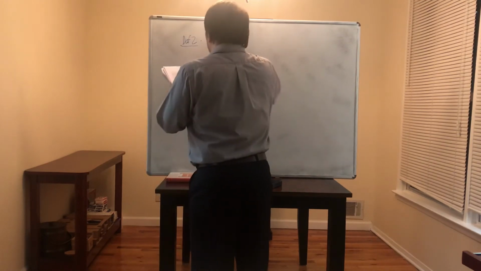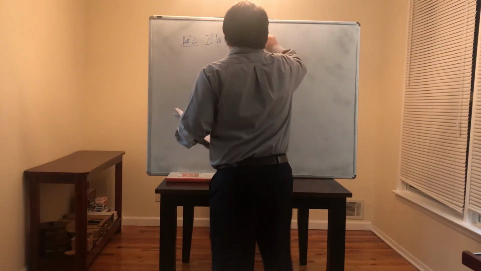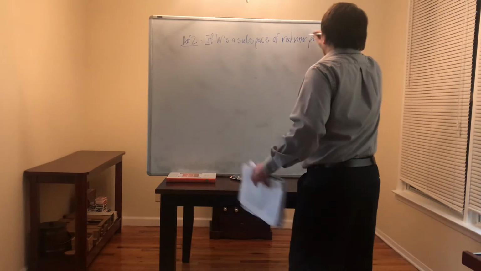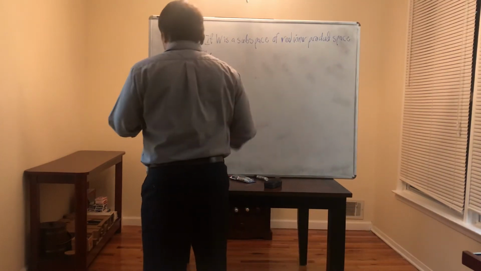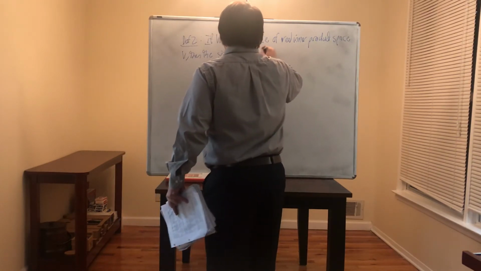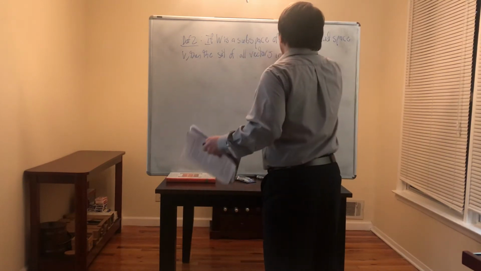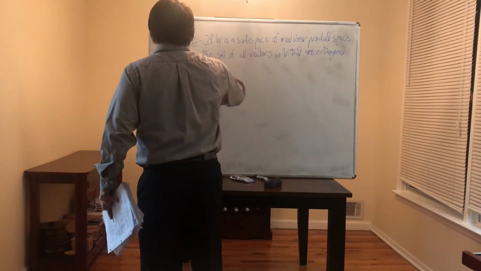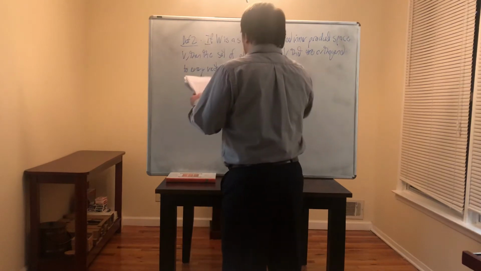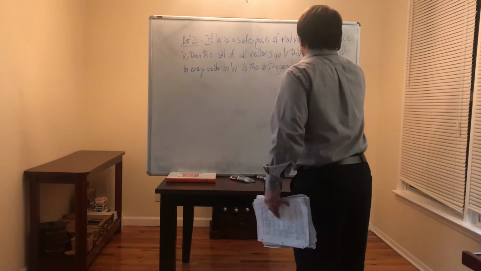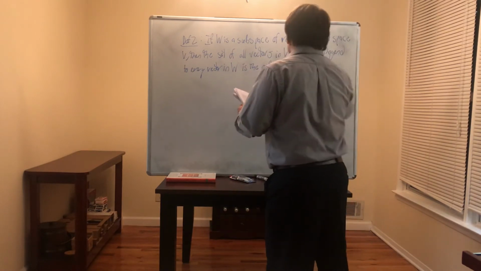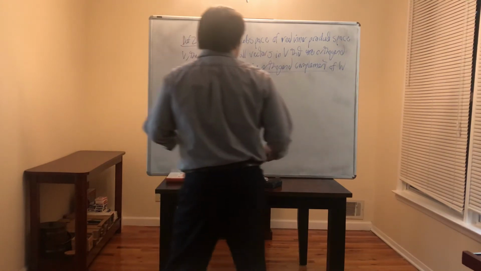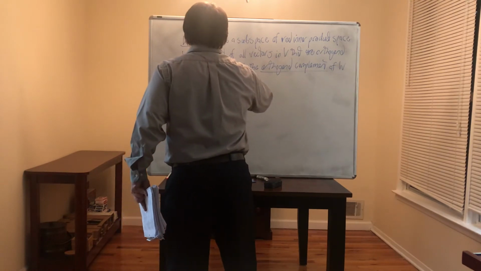Definition 2. If W is a subspace of a real inner product space capital V, then the set of all vectors in capital V that are orthogonal to every vector in W is called the orthogonal complement of W, and it's denoted by W with the superscript perpendicular sign.